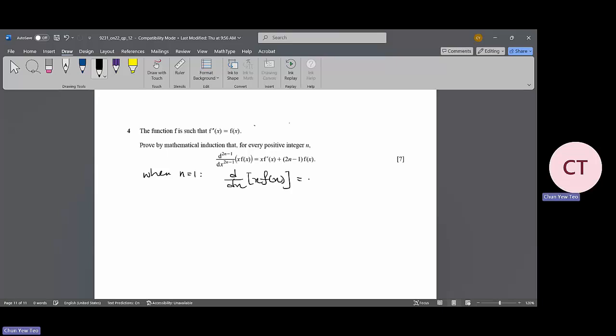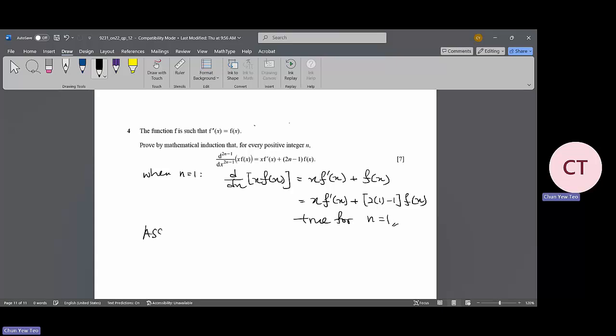So this one is keep the left, differentiate the right, plus keep the right, differentiate the left. Is it true for the relationship over here? So what you need to do is just show that this plus the 2(1) minus 1 f(x). So it's true for n equal to 1.